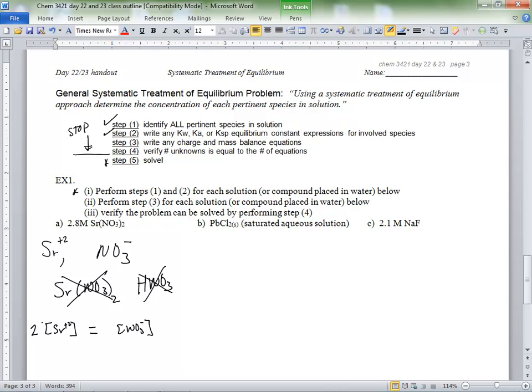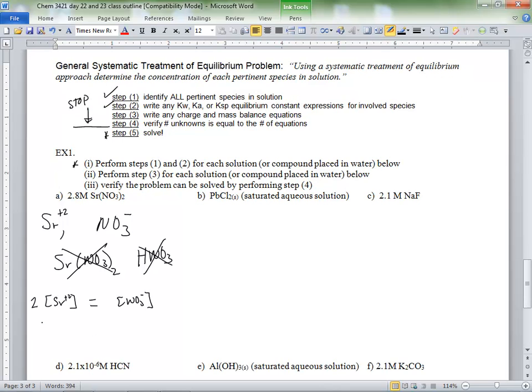Mass balance. The concentration, again, I have to word it this way, I'm sorry. The concentration of strontium in all its forms has to equal what number?